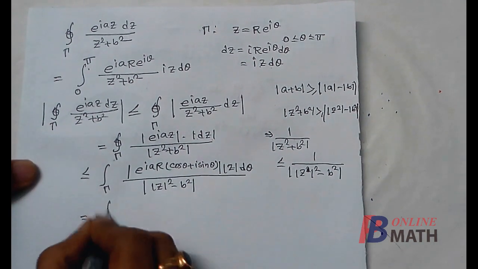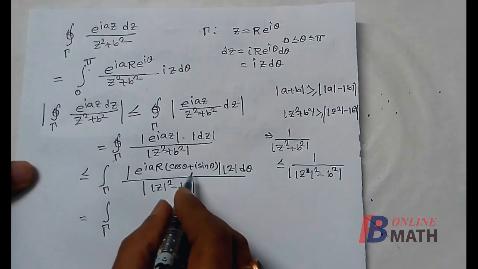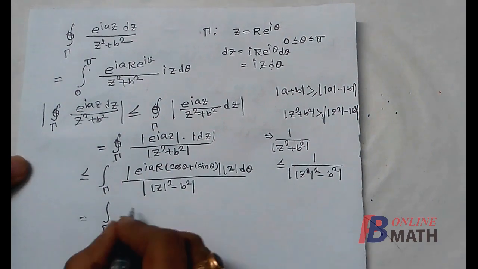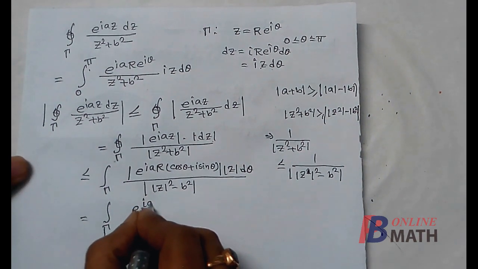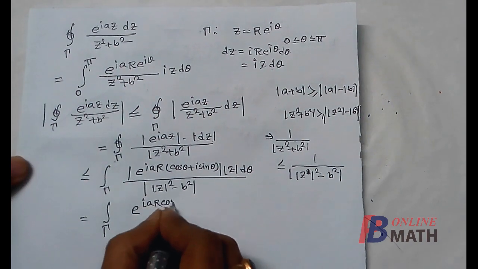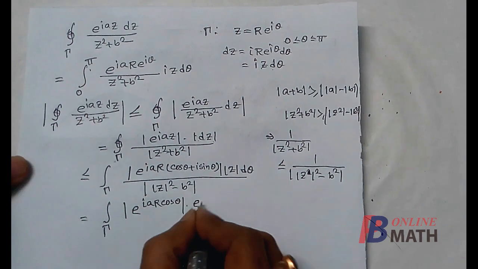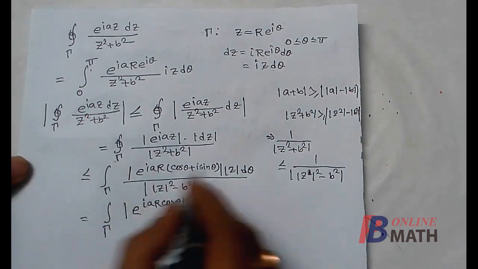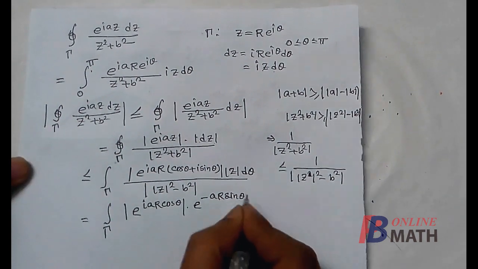So this is equal to, on the curve gamma, now we can expand this. Then we can find that this is equal to e to the power i a r cos theta, its modulus, multiplied by e to the power minus a r sin theta.